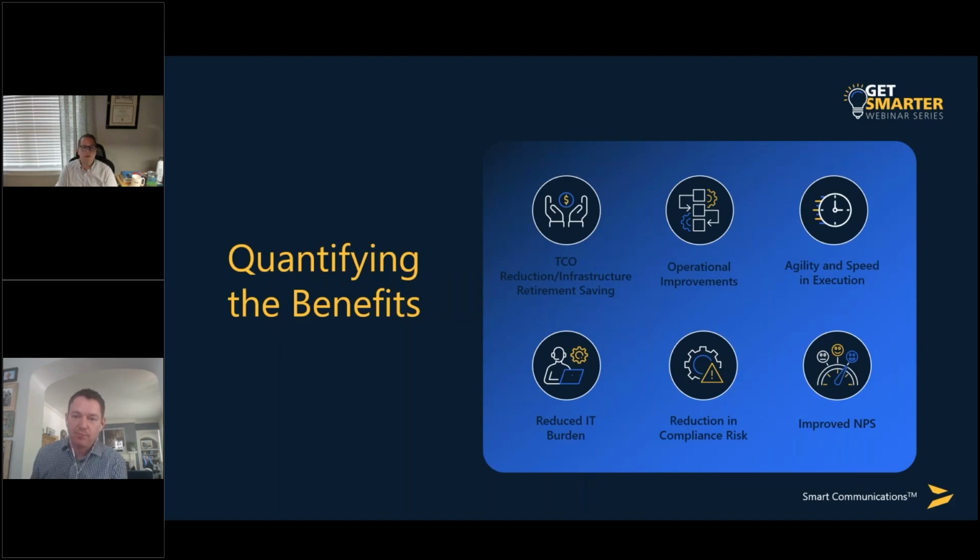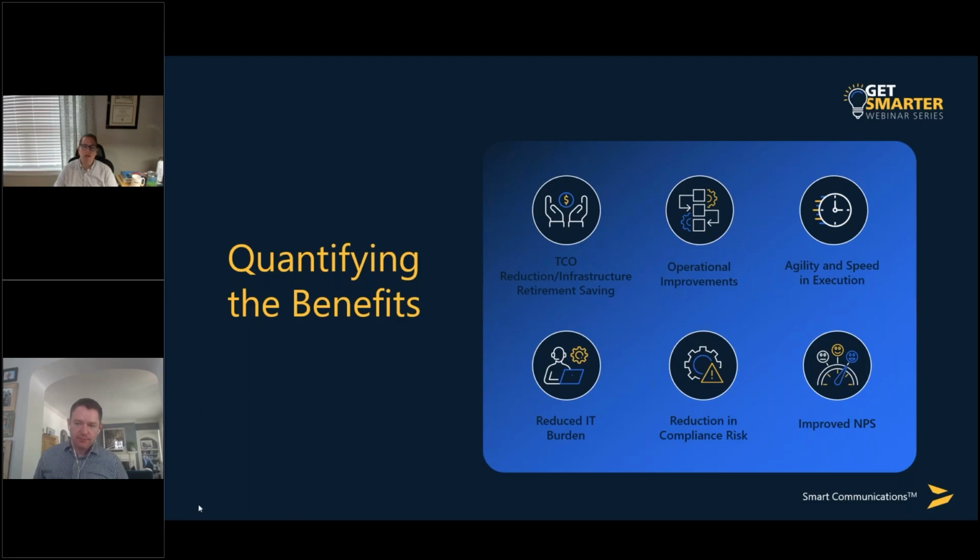Thanks, Chris. What's important in making sure that your business sponsor sees the benefits and the reason why they're investing in your modern CCM system is to quantify the benefits and measure as you go along. This is a vital part that so many organizations forget to do.